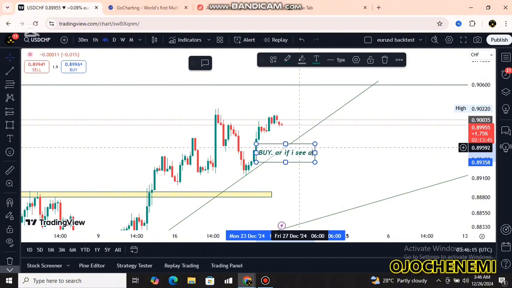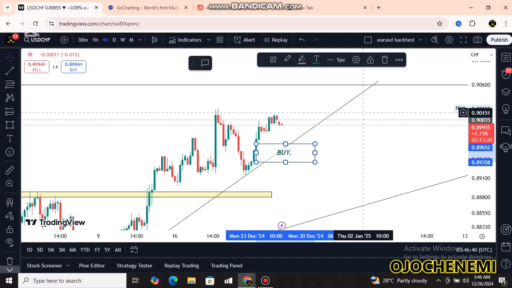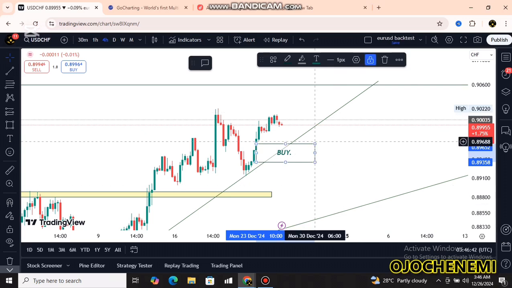Let me delete it from inside this box, and I'll write it here on the side, because that's what I want to see in case I go out of the chart and come back later. This is to remind me of what I have to do when the setup plays out or when I've seen it clear.